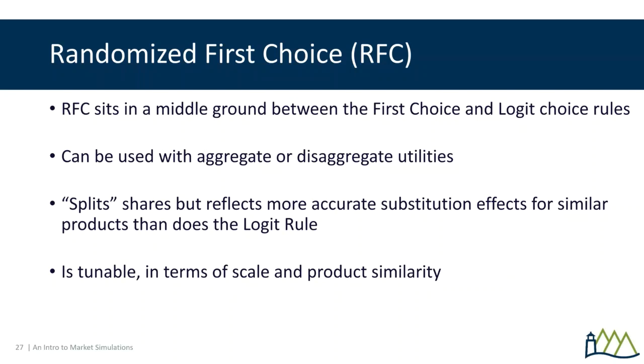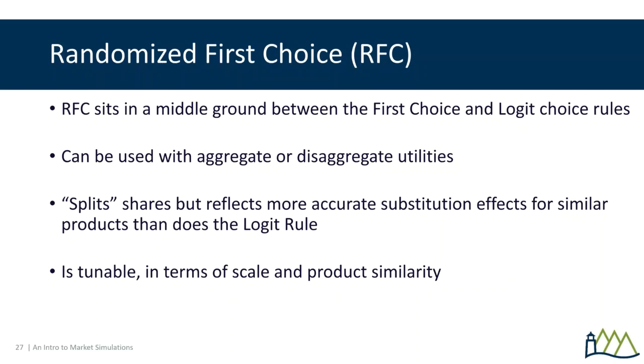It's going to simulate an error structure that says, hey, maybe there's a little bit of error in the way that we've measured the utilities, maybe there's a little bit of error in the way that we've measured the product choices, and so it can be tuned. It basically uses this error structure to account for products that are pretty similar, like Coke and Pepsi, so that in the end it's splitting the shares between Coke and Pepsi and not really milk, because milk is not as similar to Coke and Pepsi.